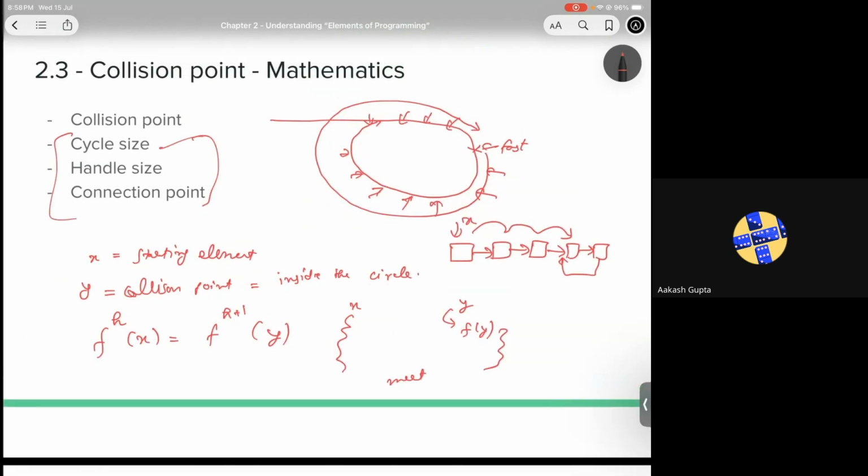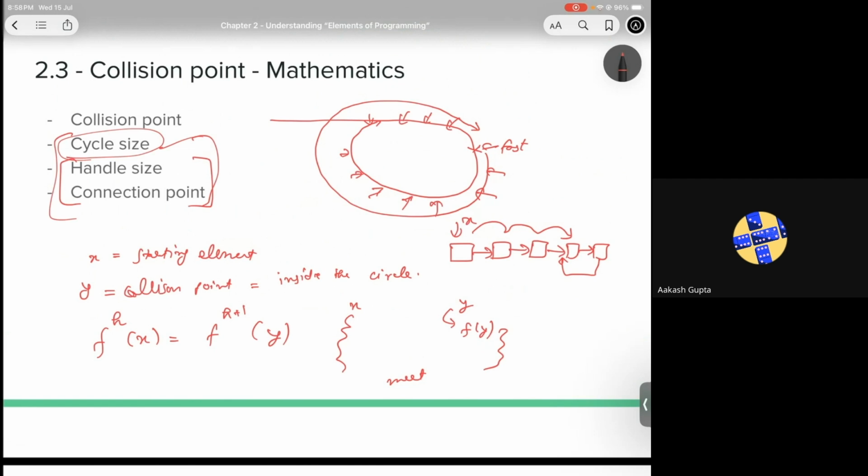So we have only three things. Cycle size is very easy to determine. From the collision point, we simply go around again and count how many steps we took to come back to the collision point in the cycle, or to the first pointer. Very simple. And using one result, we were able to compute the handle size and the connection point. Basically, go to the starting point and go to the collision point.